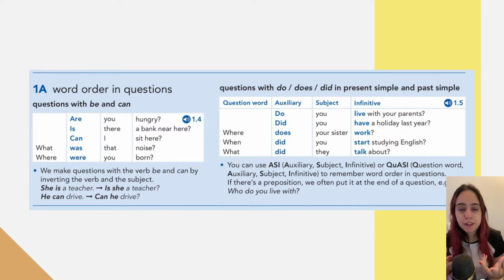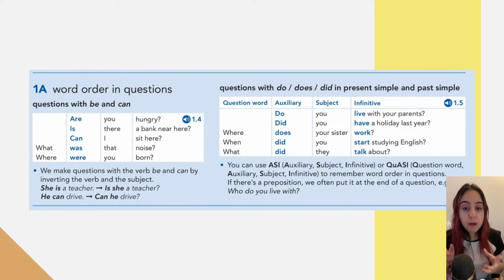Whenever the verb is to be, let's remember that to be in Spanish means either ser or estar, and it can be conjugated as am, is, are, was, were, and three other different forms. Whenever the sentence has that verb, we will just invert the order. So we're going to put first the verb to be, then the subject, and then whatever comes next.